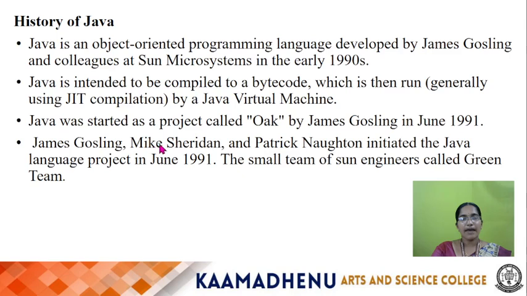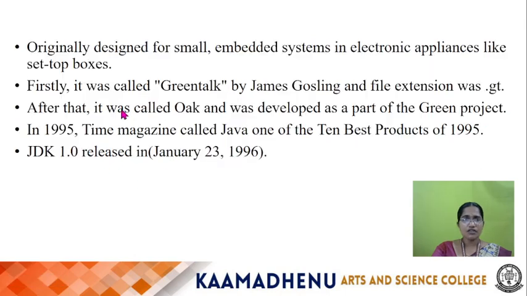James Gosling, Mike Sheridan and Patrick Naughton initiated the Java language project in June 1991. The small team of Sun engineers was called the Green Team. It was originally designed for small embedded systems in electronic applications like set-top boxes and so on. Firstly it was called Greentalk by James Gosling and the file extension was .gt. After that it was called Oak and was developed as a part of the Green project.